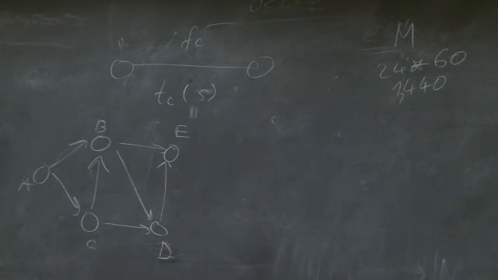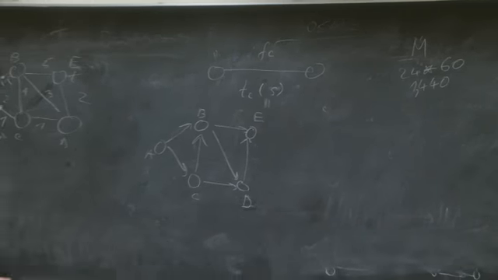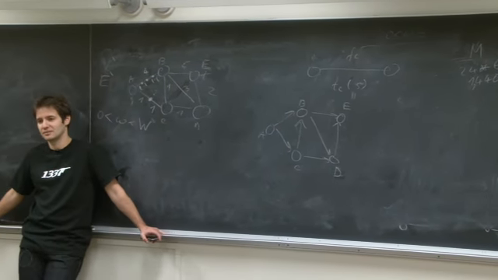So for every vertex, can you keep track of what's the shortest time it took to get there? So how would you keep track of that? Would you make that state, or how would you keep track of that? I'm not disagreeing.